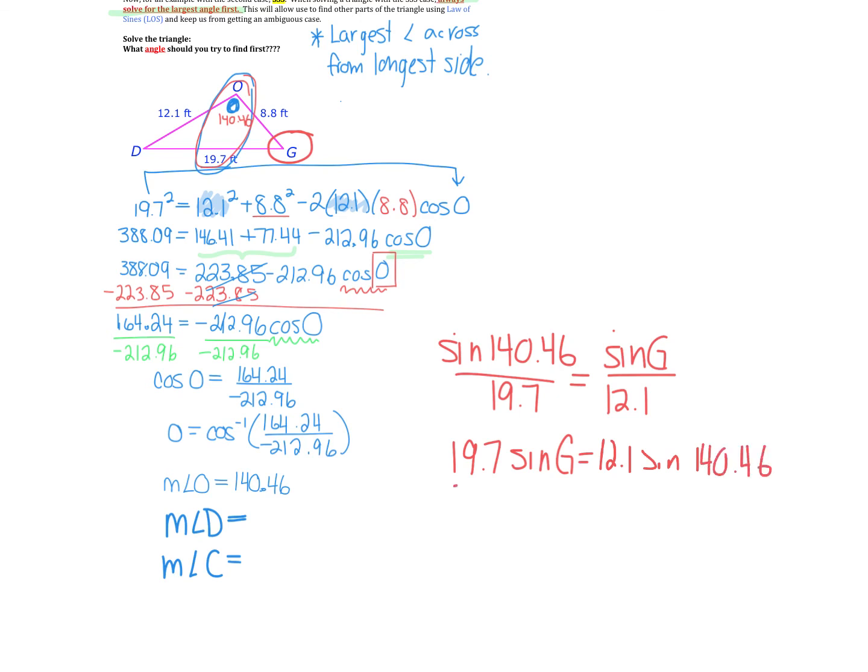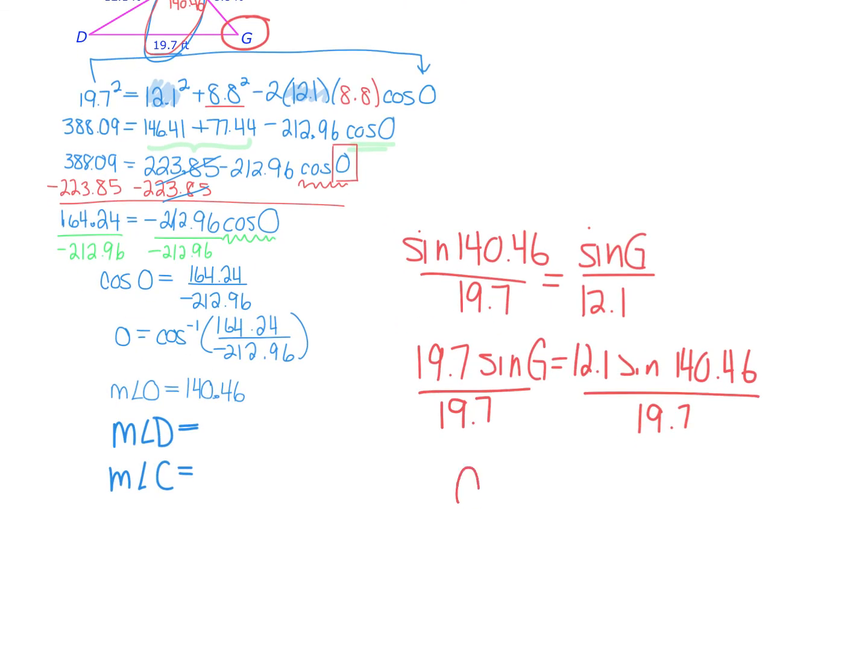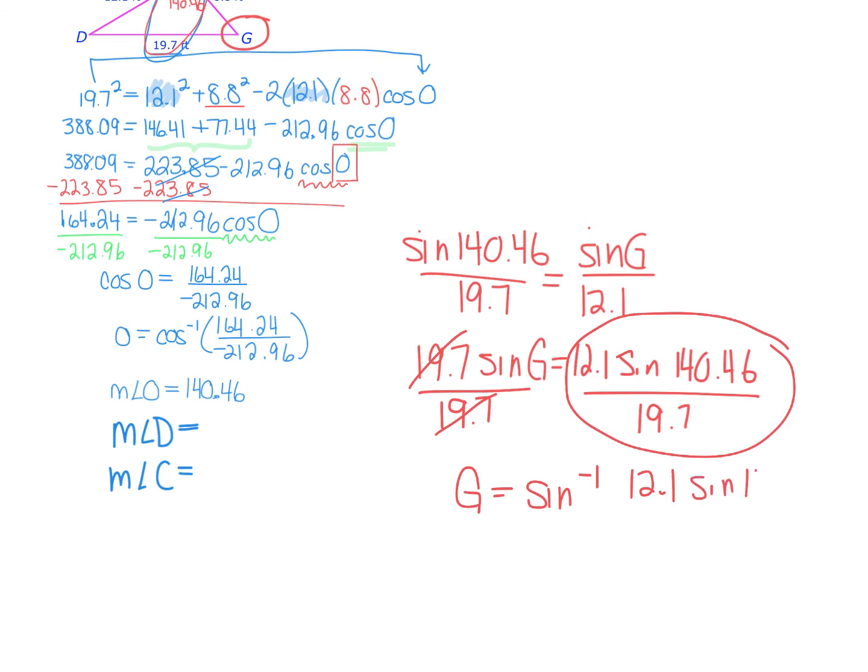Divide both sides by 19.7. And now G is going to equal, the 19.7's cancel, 12.1 times the sine of 140.46 over 19.7, I inverse sine. So make sure you know how to type this in on your calculators.